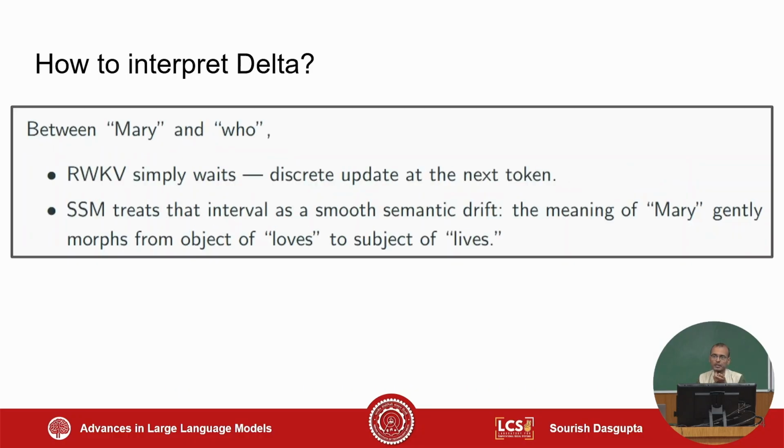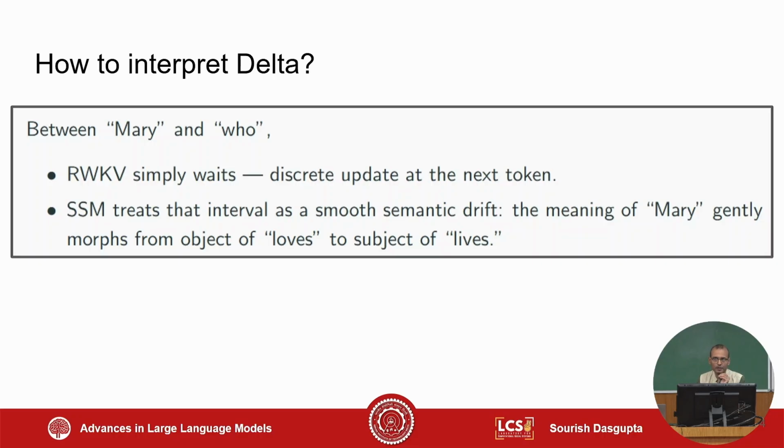Anyway, how do we interpret this delta for language? Between Mary and who, let's say there is a delta between Mary and who. Now for Raku, it simply waits. It's just a discrete update at the next token. It does nothing, it just stands still and waits for the next word, right? For SSM, it doesn't wait.